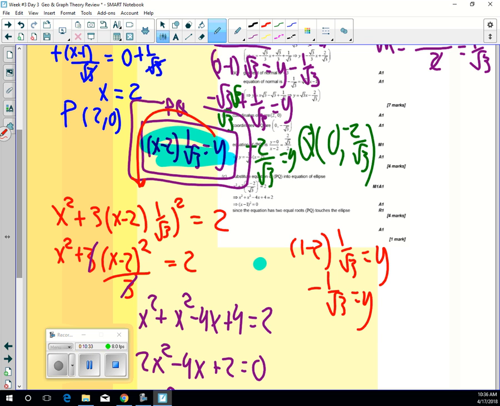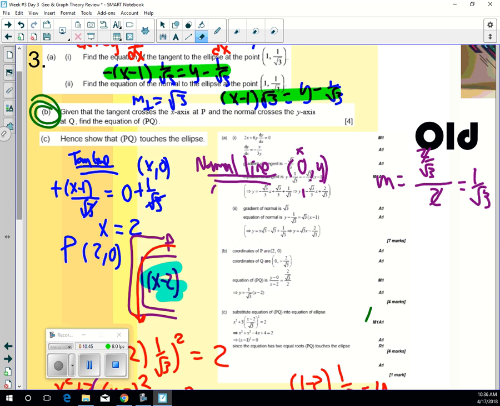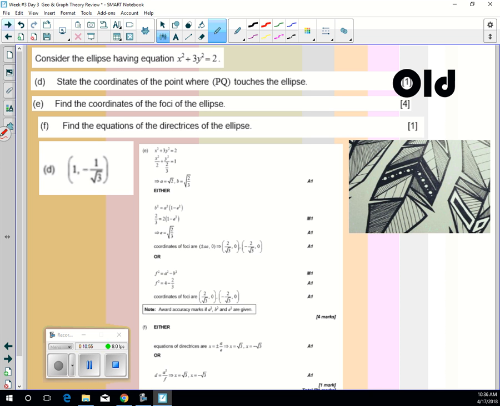I think it's going to be 1, negative 1 over square root of 3. That's what I think it's going to be. A, B, C, and where is, oh, C. Do I have that point? D, 1, negative 1 over square root of 3. Got it.